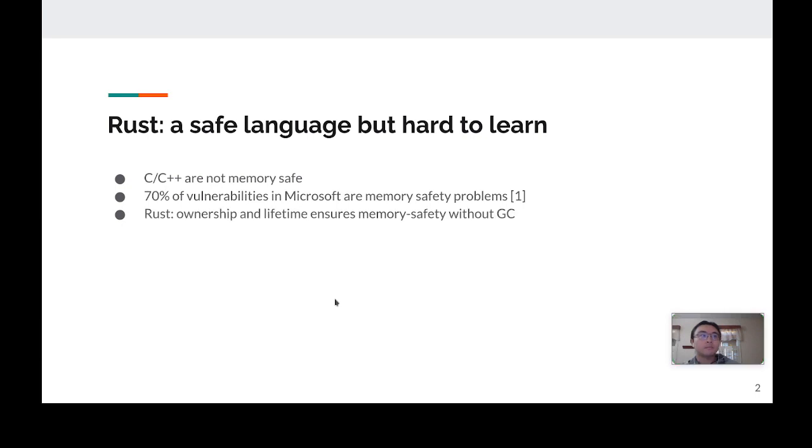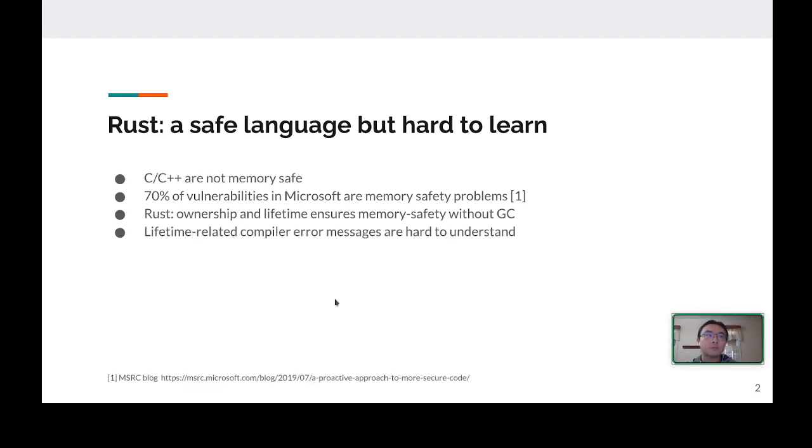So Rust tries to solve this problem by using an ownership and lifetime mechanism to ensure memory safety without the need of garbage collection. So you have both the safety and you do not have any performance issues. And the tricky part is that lifetime-related compiler error messages are hard to understand.